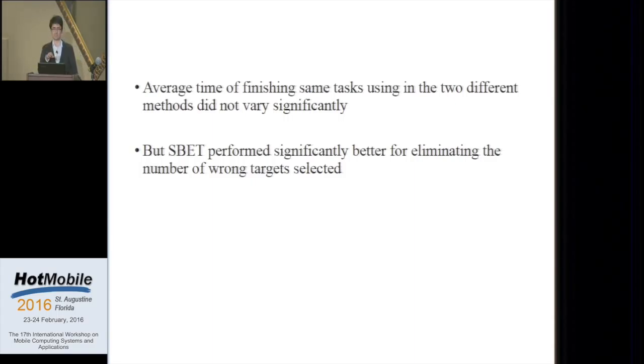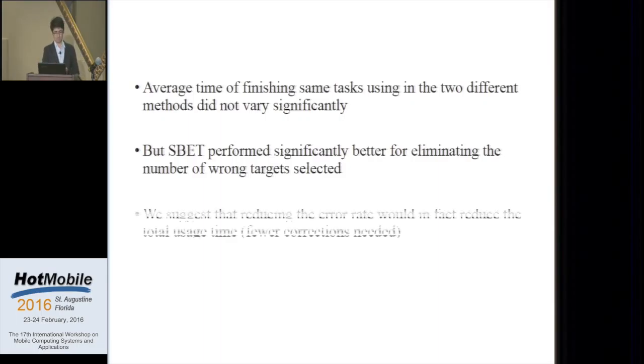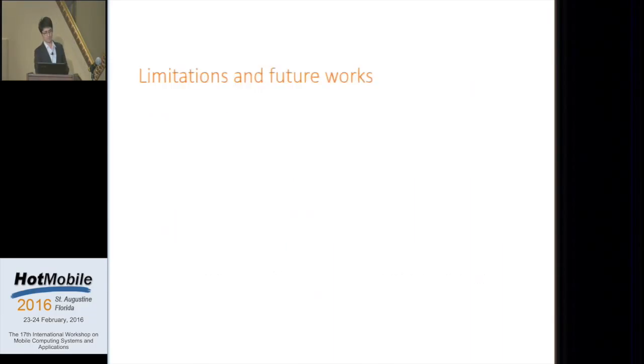For example, they select the part, want to look at what the parameter is, and want to replace it. So I guess eventually it will save some time. We suggest that reducing the error rate will in fact reduce the total usage time.